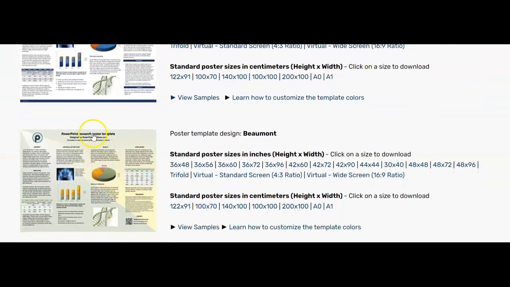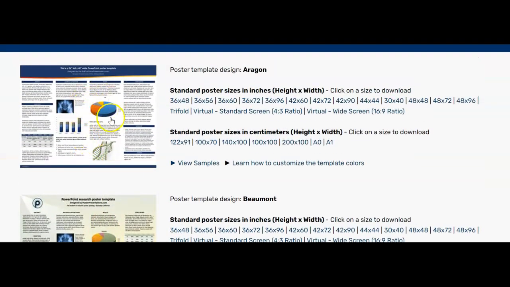I know the students like to use this template. I've seen that enough in the past. It's free. You're not going to get it printed out unless you so choose. That's up to you, and you can purchase that. But this is what we're going to use in this class.